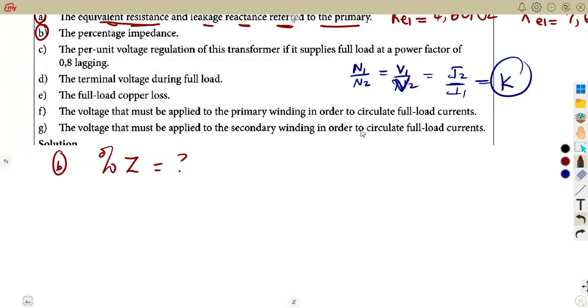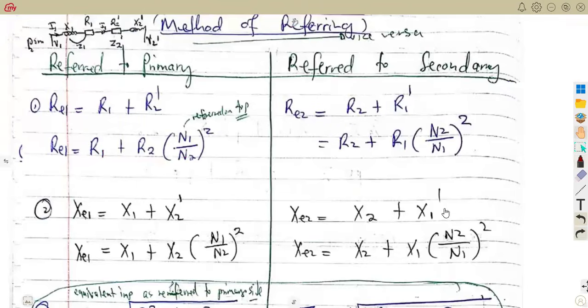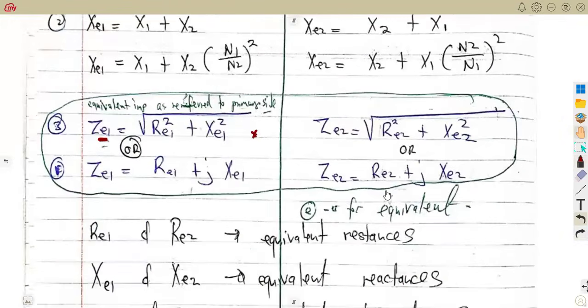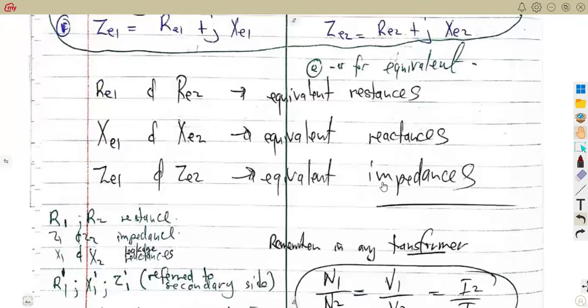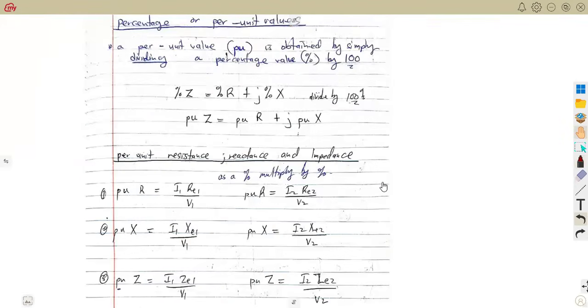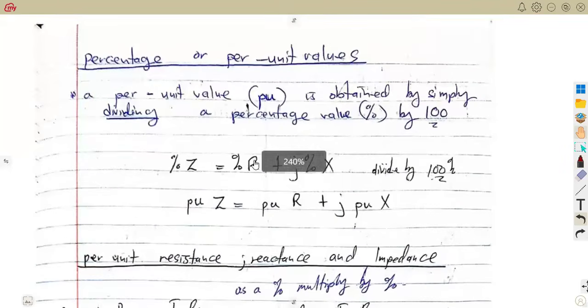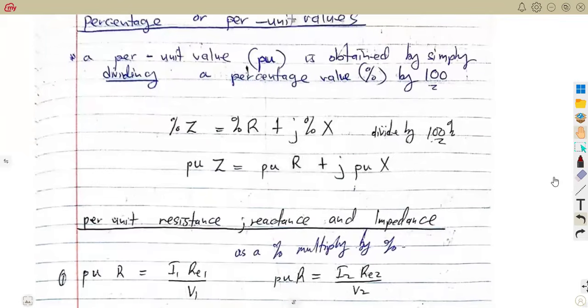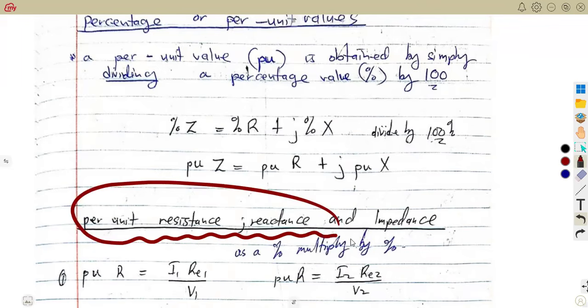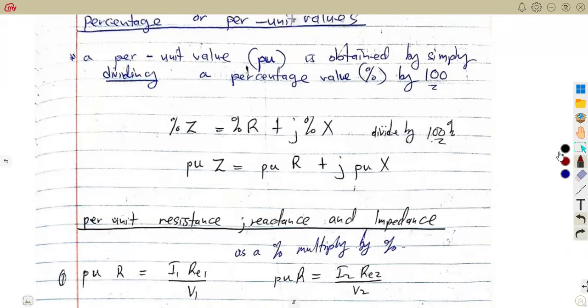Let's go through our notes and see which part is going to help us in calculating this percentage impedance. Remember, I said if you consider this part here, we had per unit values where we ended up calculating the percentage impedance. If there was percentage resistance and also percentage reactance, we would use this, but we do not have this. So you have to consider now the per unit resistance and the reactance and the impedance there.